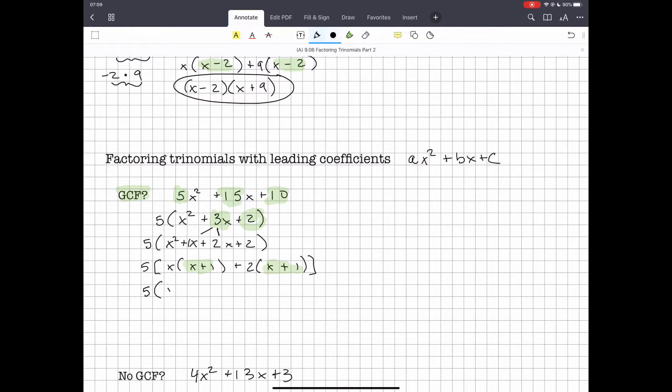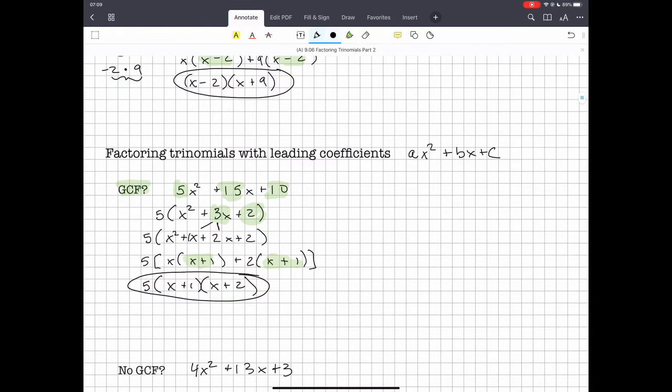So I'm going to factor that out, and that leaves me with the x plus 2 there, and this is the final answer. So it's really all the same work. The only thing different was we took out the common factor of 5 at the very beginning, and we brought that along with us for the ride throughout the problem.